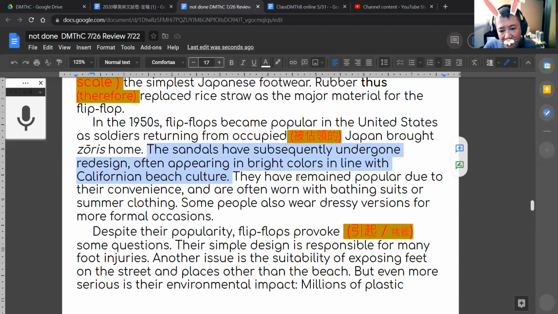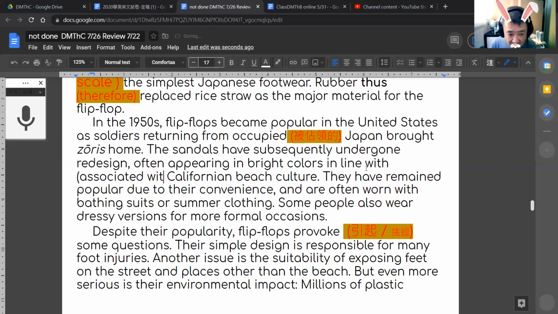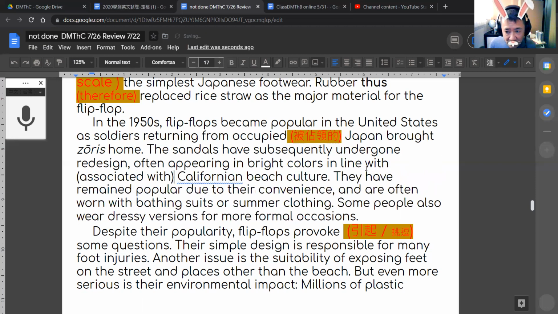So here we're gonna have more words. In line with means associated with, right? 让你想到. To be in line with, to be connected with Californian beach culture, right?